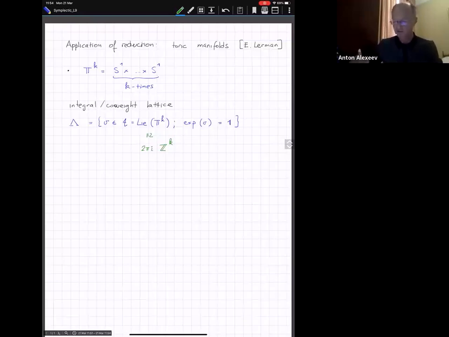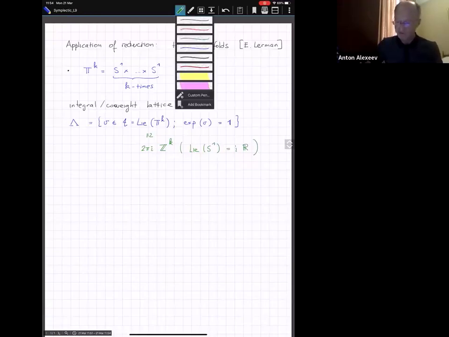And of course, here, this means that I have a convention, at least for the time being, that the Lie algebra of S1 is the imaginary axis, right?